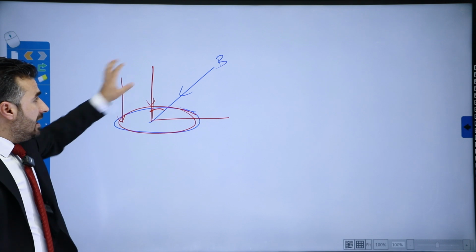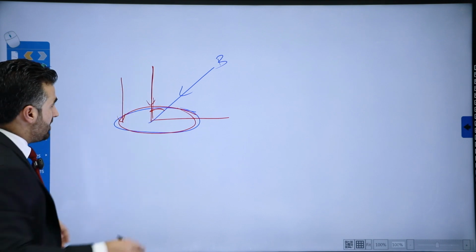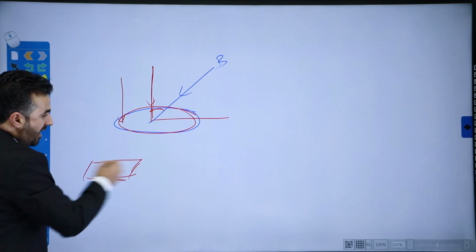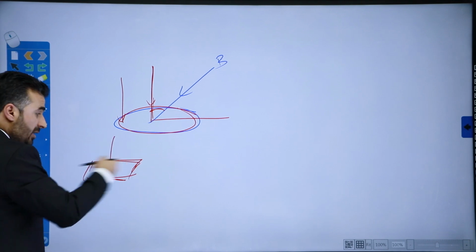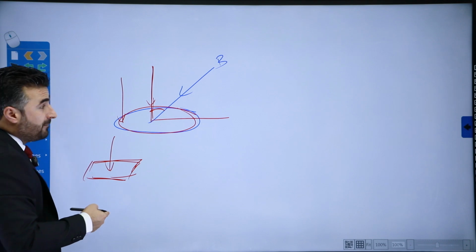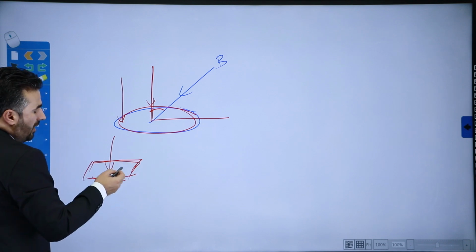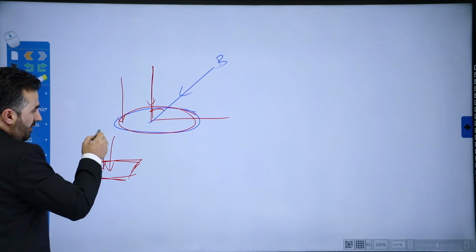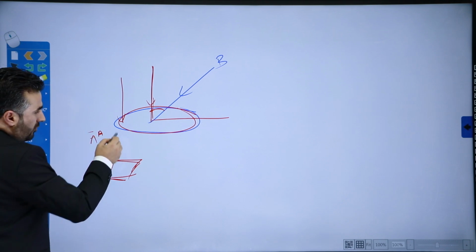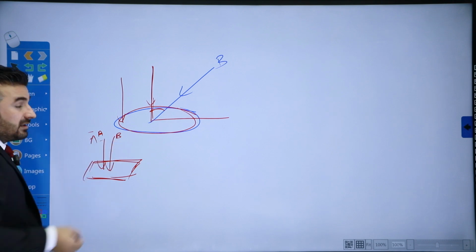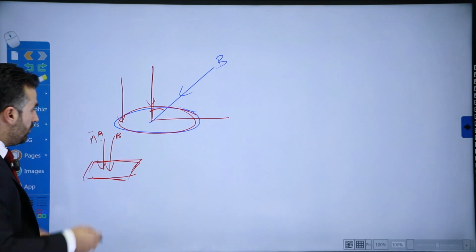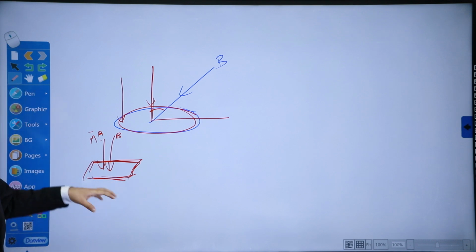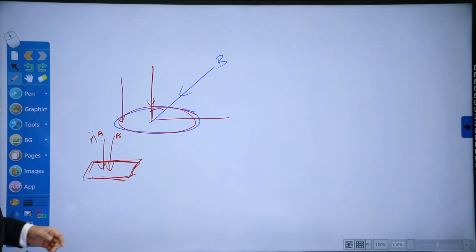Don't forget, because naming these could be a little bit confusing. When we say this is the plane of the area, this is perpendicular to that plane of the area. Another way to say that is, if this is the direction of the area, and this magnetic field, these two are basically parallel to one another, which are both perpendicular to the surface of this area.